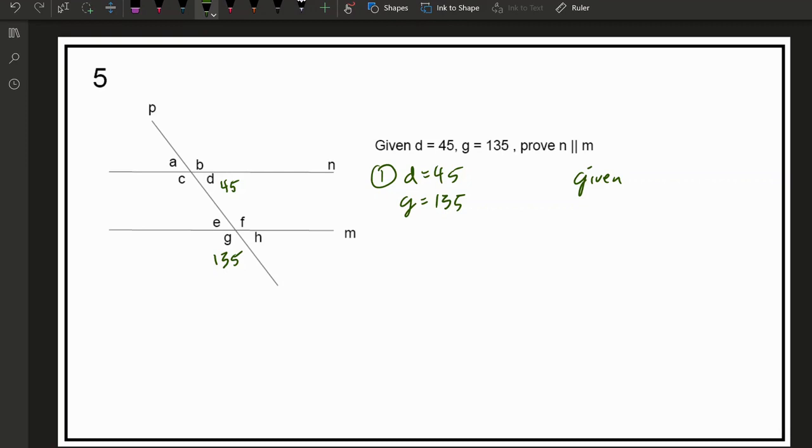The way I would like to do this is to just use vertical angles. So if G is 135, then I can just jump across here with vertical angles and say F is also 135. So step 2, F is 135 because of vertical angles.